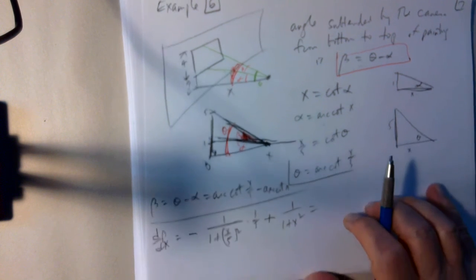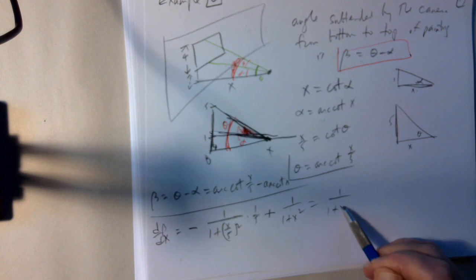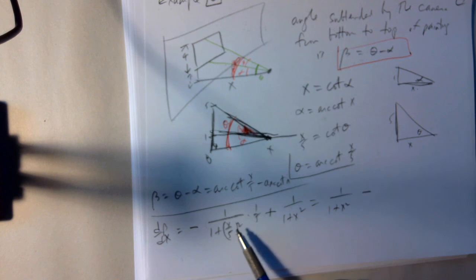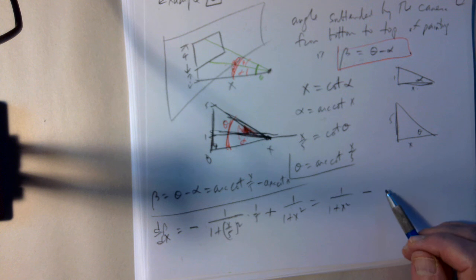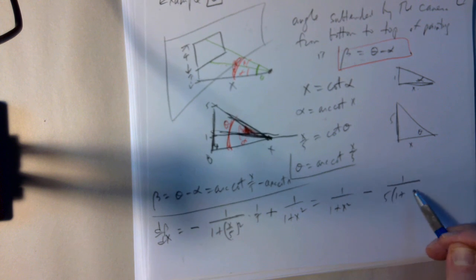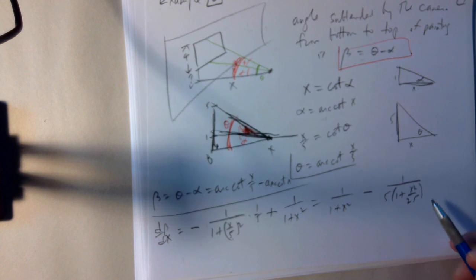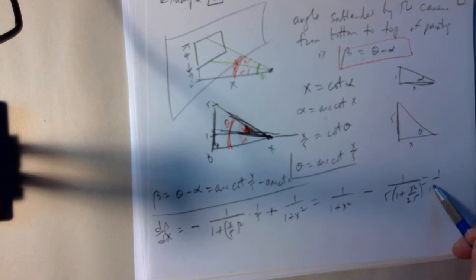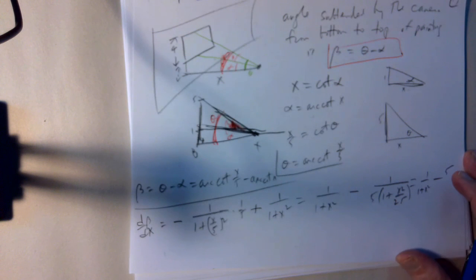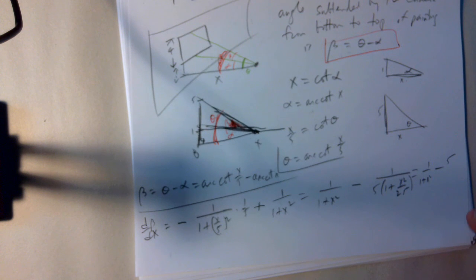So this is 1 over 1 plus x squared minus, let's see, this is x squared over 25. So I have minus 1 over 5 times 1 plus x squared over 25, which if you cross multiply gives you 1 over 1 plus x squared minus 5 over 25 plus x squared.